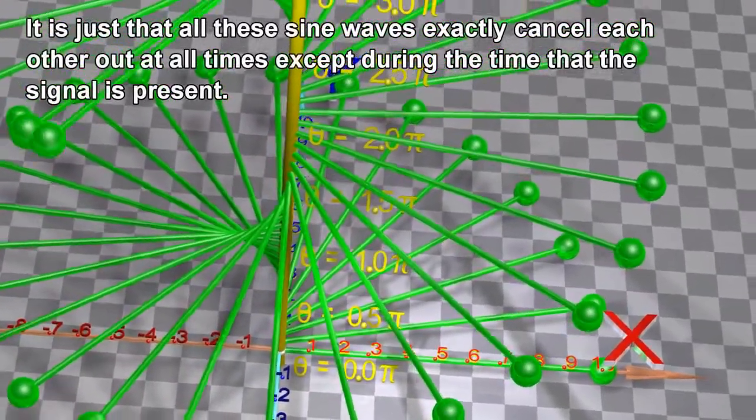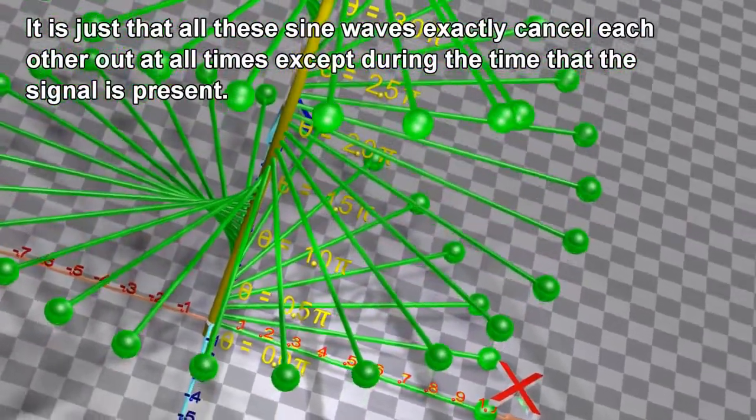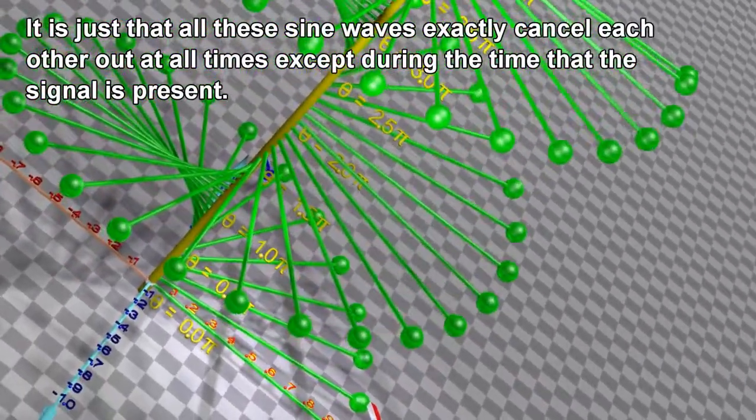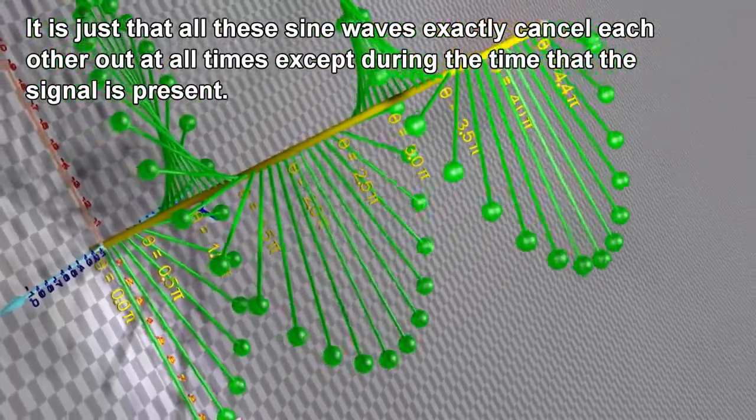It is just that all these sine waves exactly cancel each other out at all times, except during the time that the signal is present.